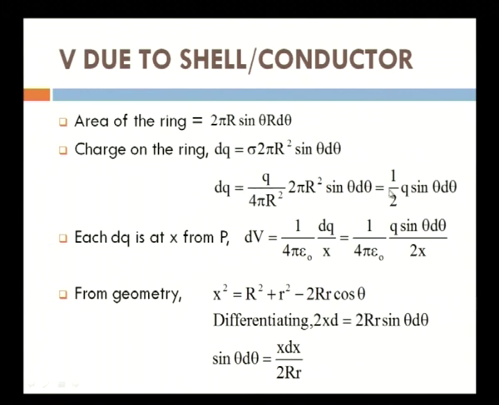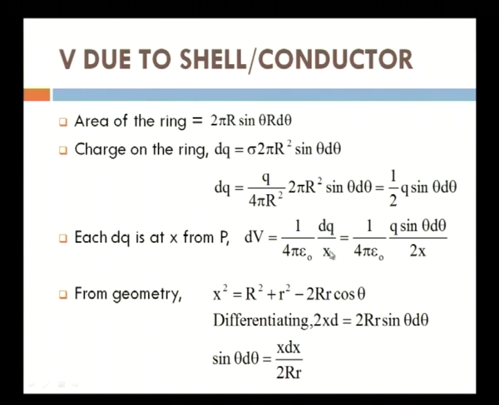So, this is the elemental charge present on the elemental ring. Now, each dq is at a distance x from the point P that we have considered. So, the elemental potential at the point P due to the elemental ring is given by this relation dV, which is 1 divided by 4 pi epsilon naught q by x. Here the q is the elemental charge.